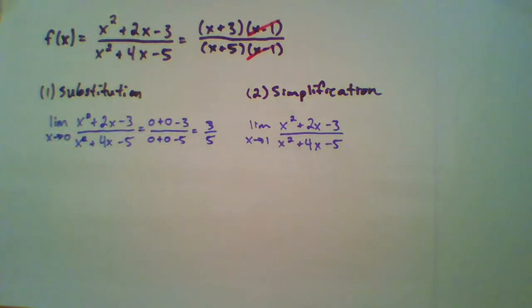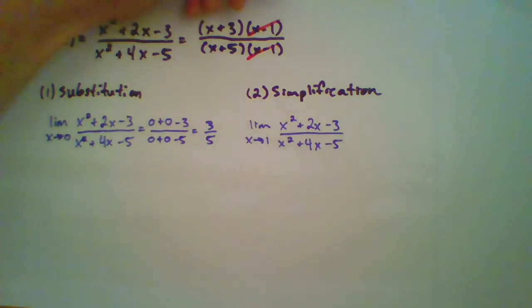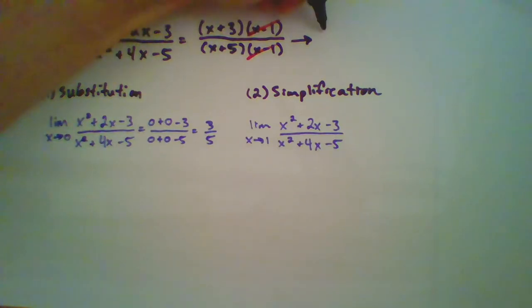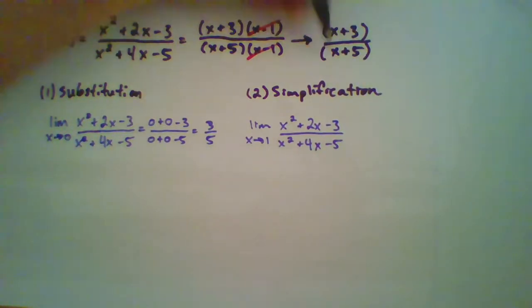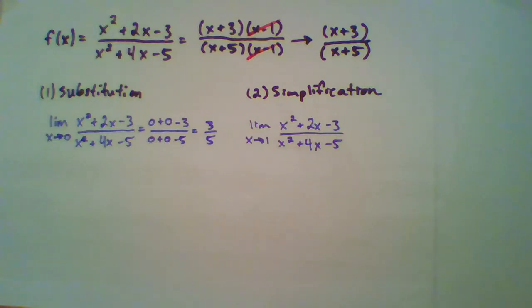And we can say that as long as we are not thinking about when x equals 1, we can approximate this function to this function, which is a nice simple rational function. Notice I said approximate to.